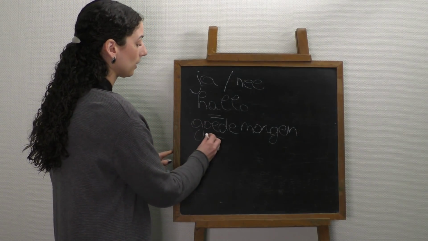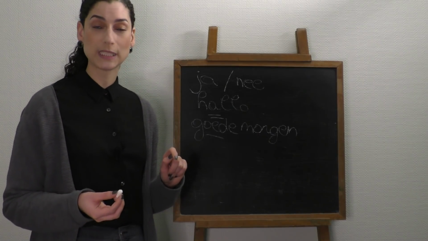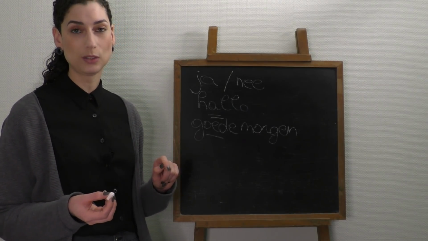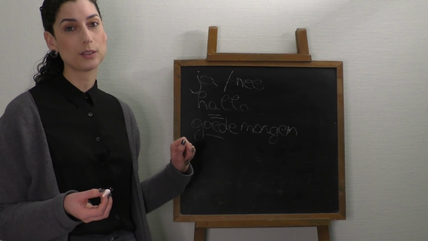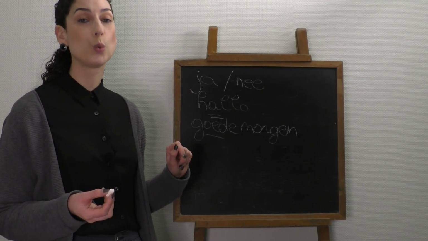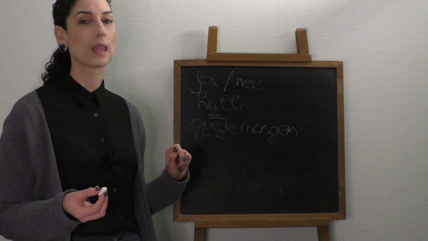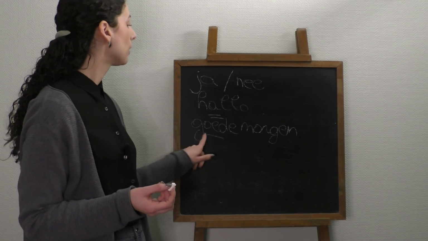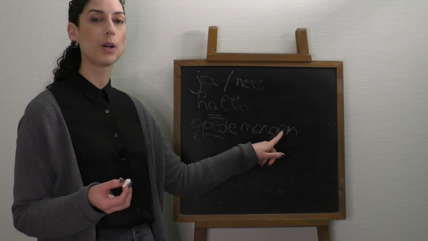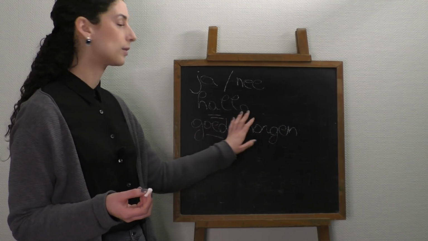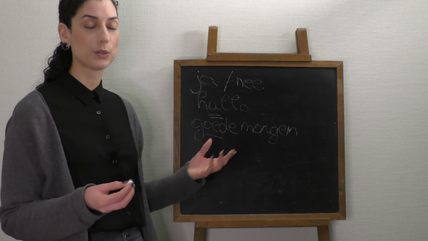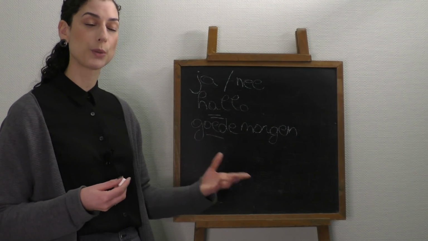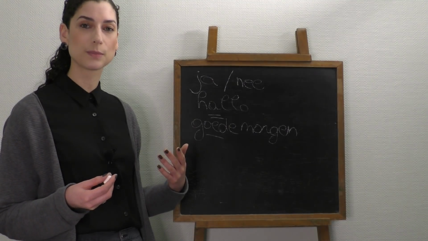So this is one of the vowel combinations that I mentioned. When you put an O and an E together, you get the sound oo. Goedemorgen. Good morning. So you can recognize these words, as I said, both Germanic languages.